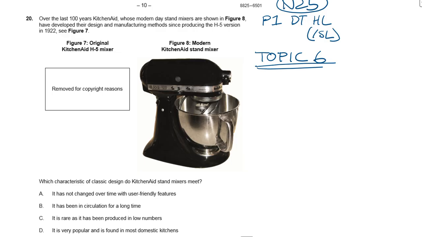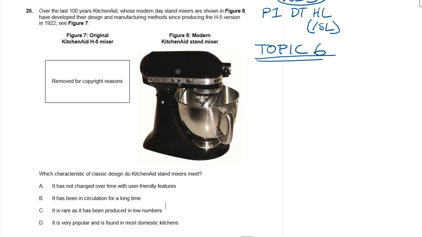Okay, over the last 100 years, KitchenAid, whose modern day standard mixers, shown in figure 8, have developed their design and manufacturing methods since producing the H5 version in 1922. See figure 7. So we don't have that, but let's see if we can actually do this without the image. Which characteristic of classic design do KitchenAid stand mixers meet?